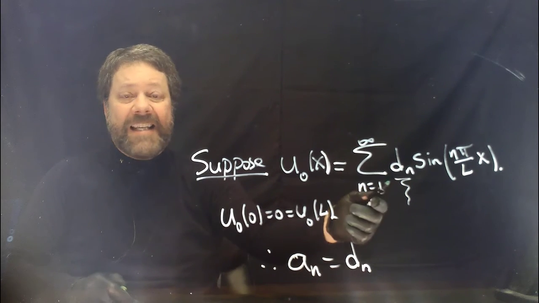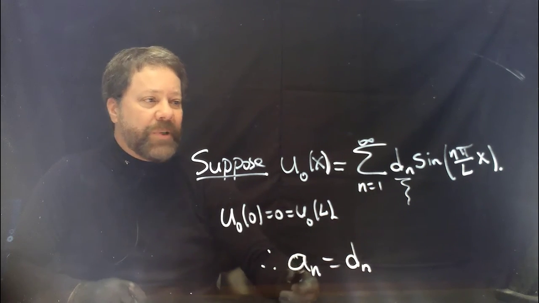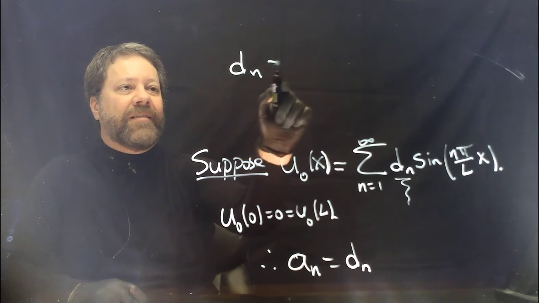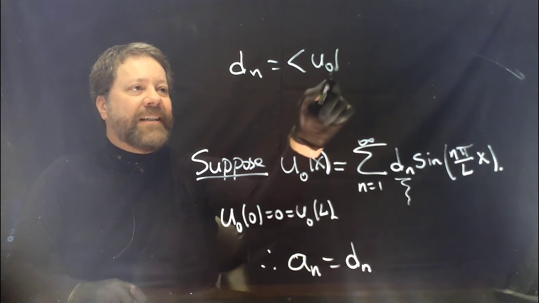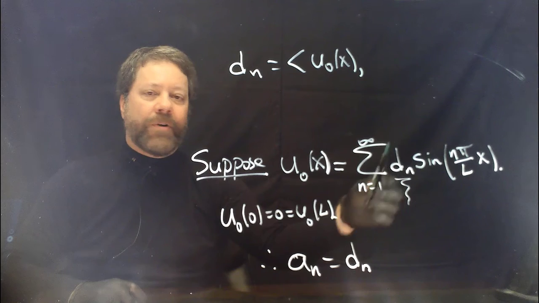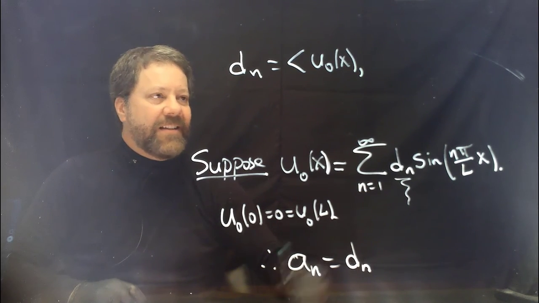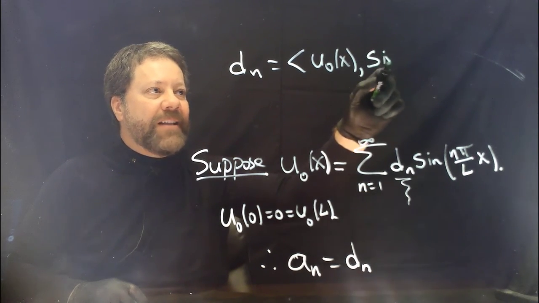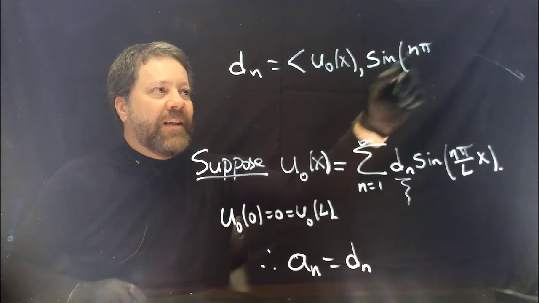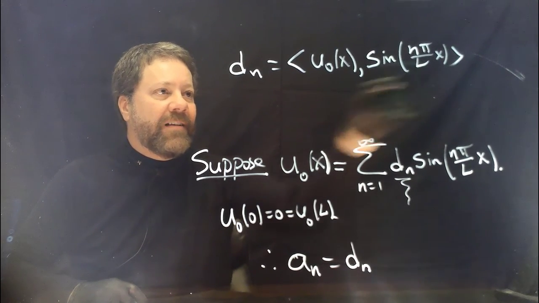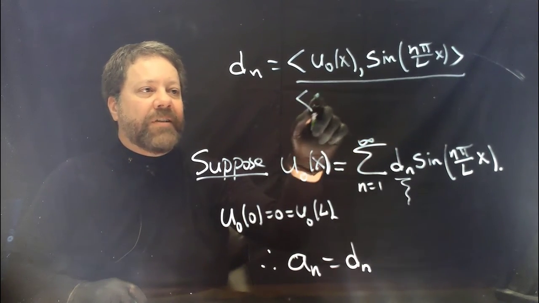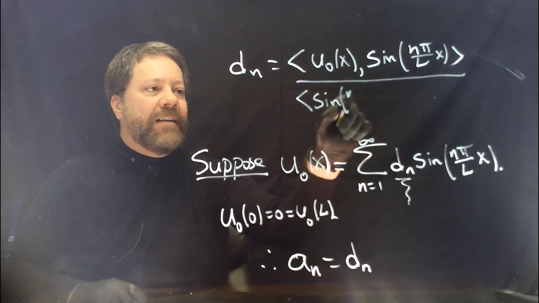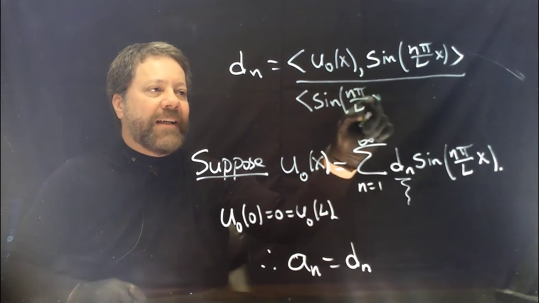To calculate the dn's, these are just the coefficients of the projections of the initial data onto our Fourier basis. In this case, we're going to multiply these by the sine n pi over L x over the inner product of the sine n pi over L x times itself.